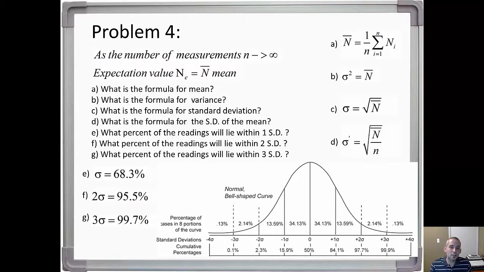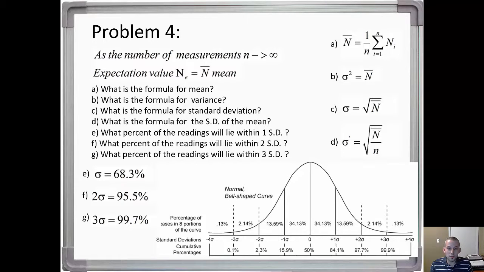So here's a really nice depiction of the standard deviations with respect to the bell-shaped curve. And what I like too is, it shows one standard deviation is 68.3% within that area. So plus or minus 1 standard deviation, there's 34.13% on each side.